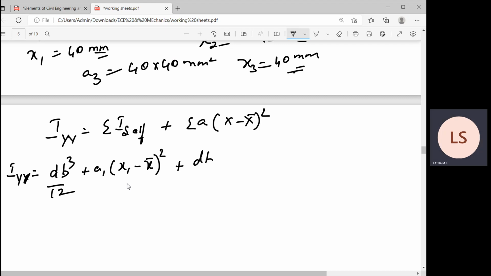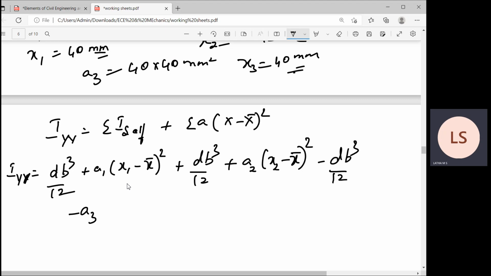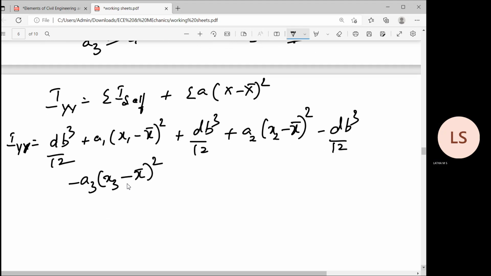This is dB cube by 12 for the second rectangle plus A2 into x2 minus x bar the whole square, minus dB cube by 12 for the third rectangle minus A3 into x3 minus x bar the whole square.